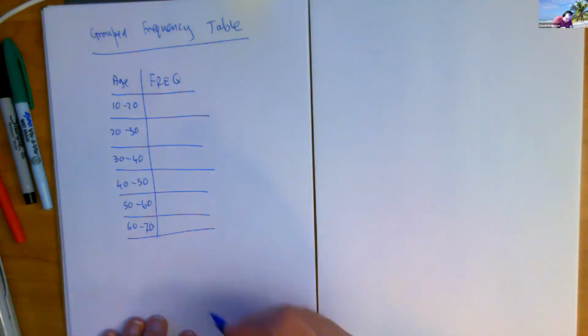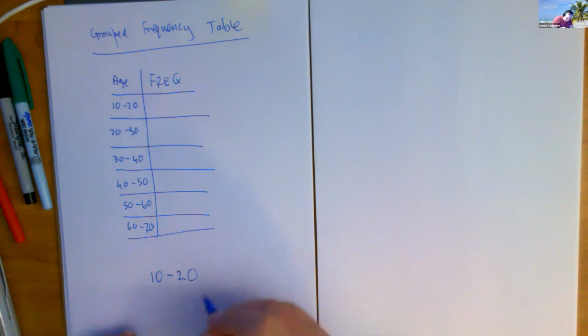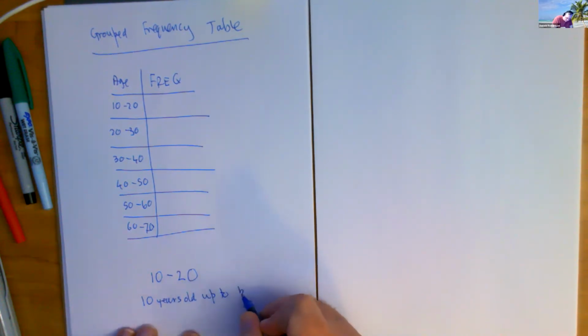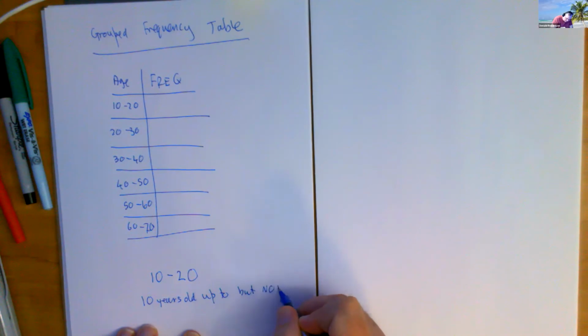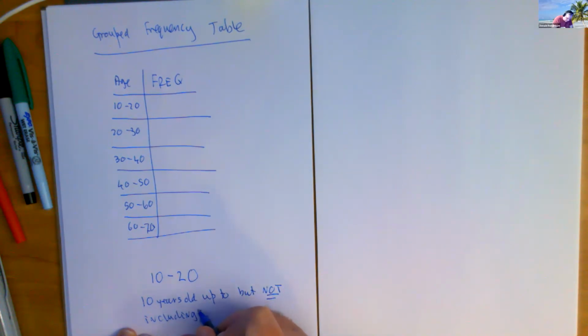The convention is, when you write an interval like that, it means 10 years old up to, but not including 20.